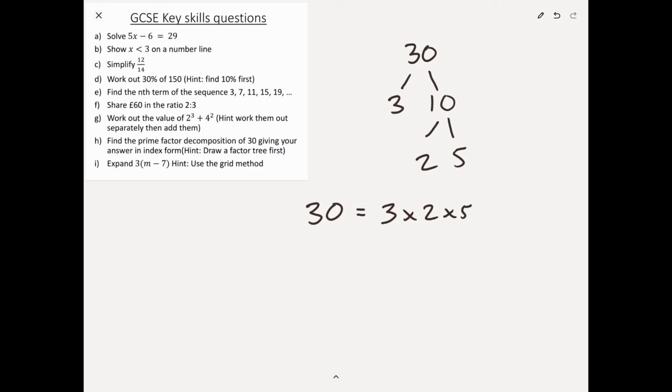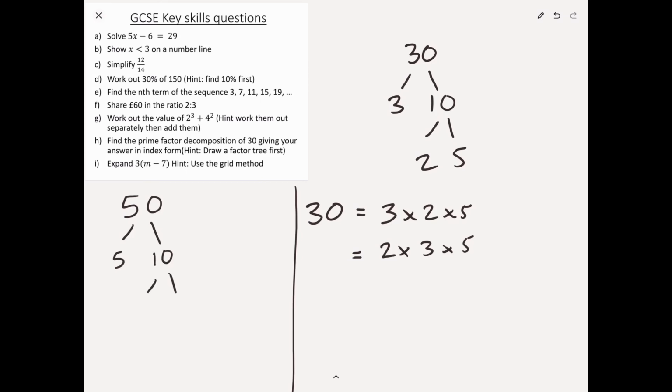And it looks a bit nicer now if we write that as 2 times 3 times 5, put the numbers in ascending order. So actually then with this question there is no change between the normal form and index form. Let's have a look at an example where there is a change then. Let's look at 50. Well, the factor tree for 50, let's say 5 and 10, and then 10 is 2 times 5.